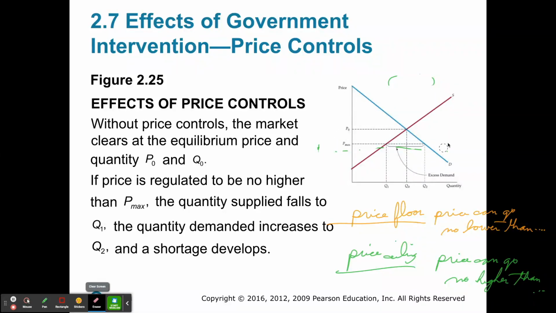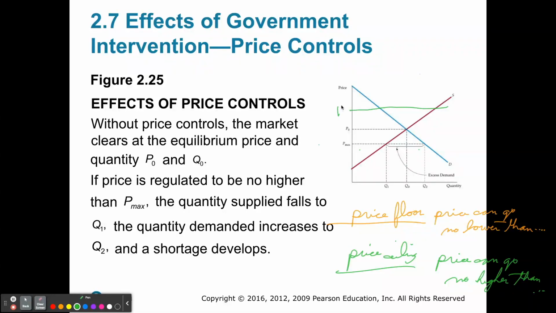Sorry, it's a bad way to do this, but I'm just going to try to save the slide as much as I can. You can place a price ceiling anywhere you want, but it's only meaningful in this case if you set it lower.